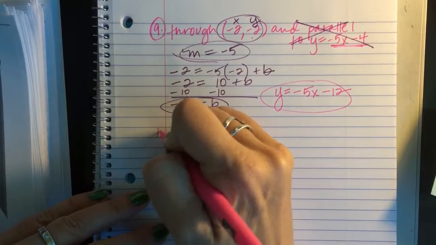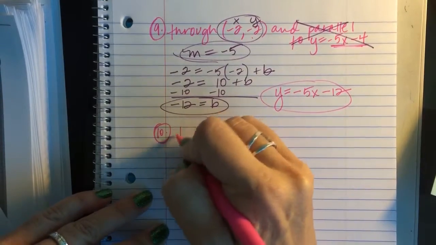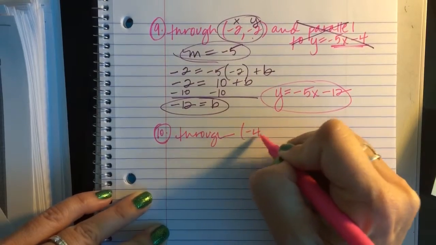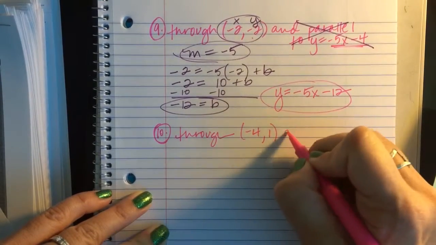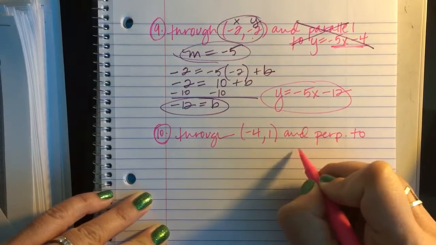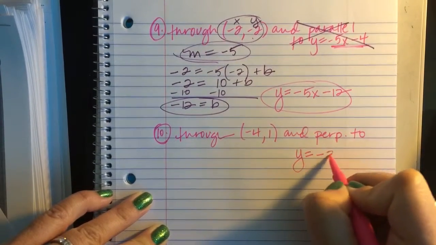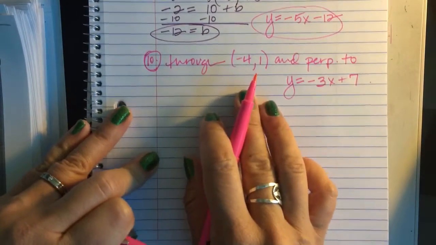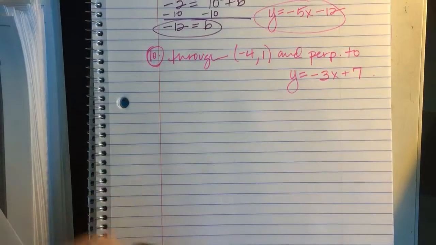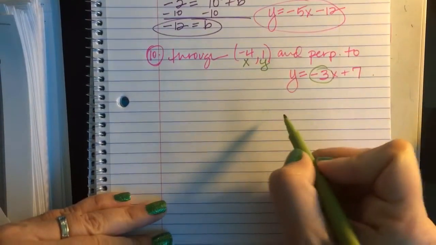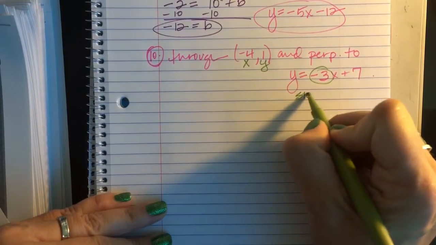When I go to 10, same idea, I'm given a point, so it goes through (-4, 1). In this case, it's perpendicular to this line, y equals -3x plus 7. So I'm going to use this (-4, 1) as my x and y. And perpendicular lines have slopes that are opposite reciprocals.